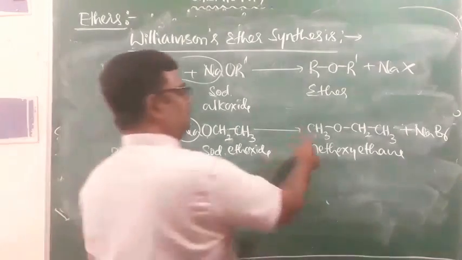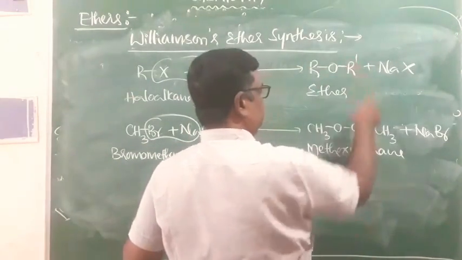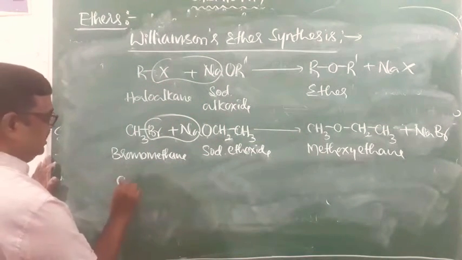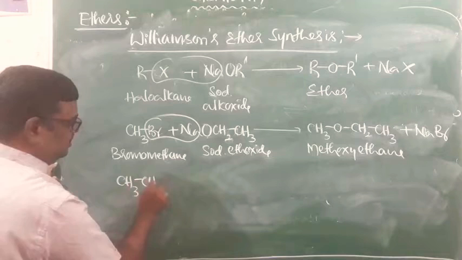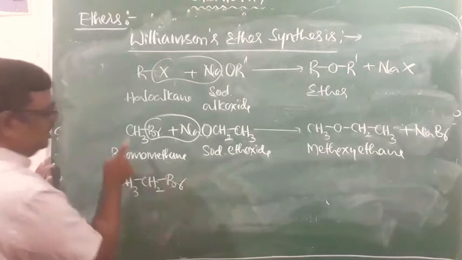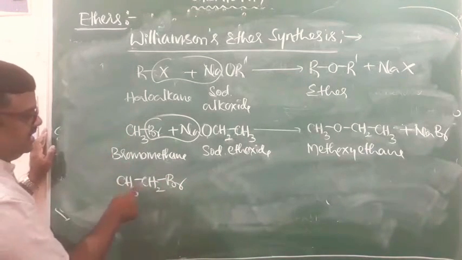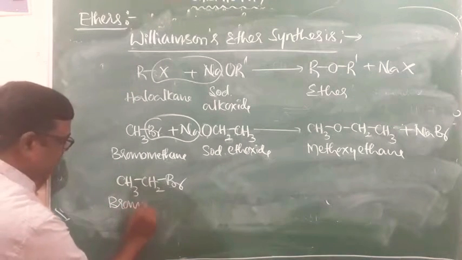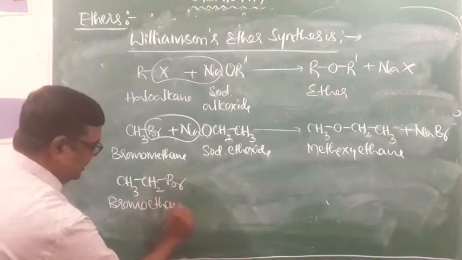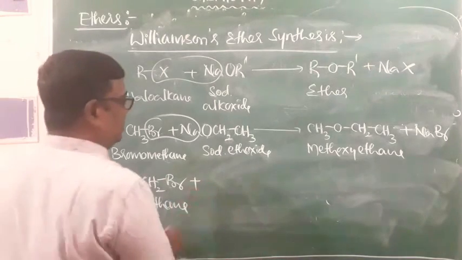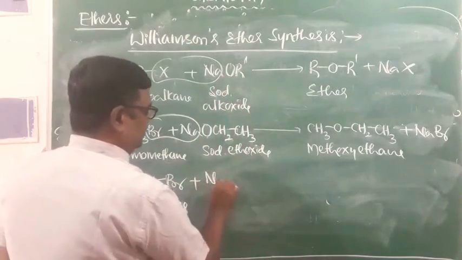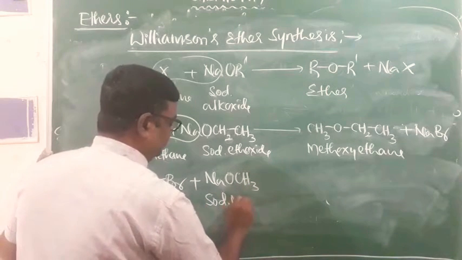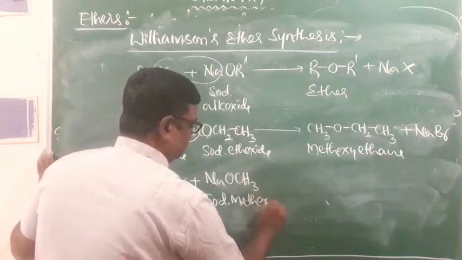Here R is equal to CH3 and R' is equal to C2H5. If I reverse it, R is equal to C2H5, that is CH3CH2Br, bromoethane, plus now R' is CH3, NaOCH3, sodium methoxide.